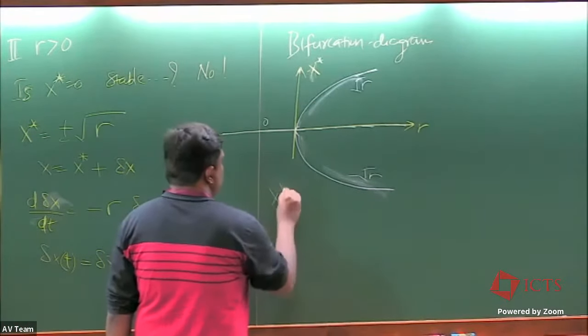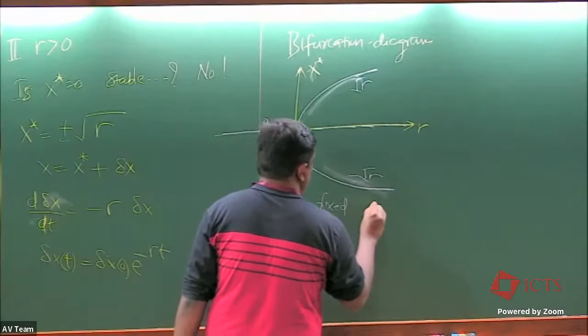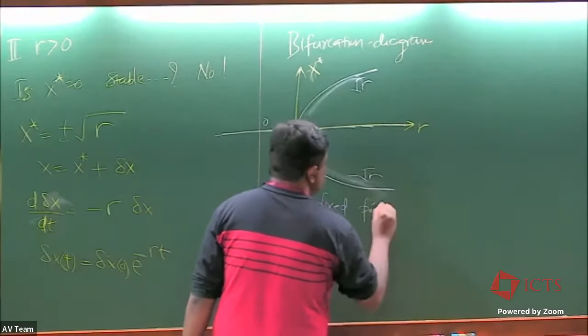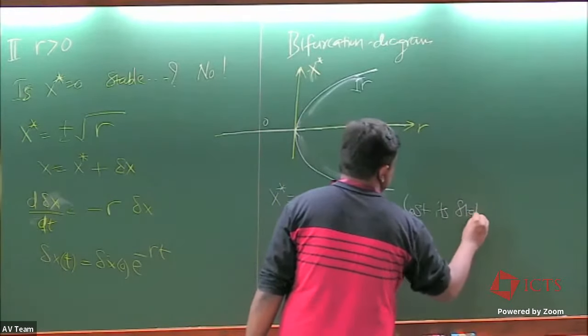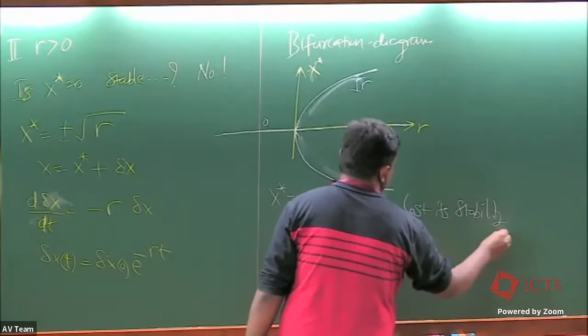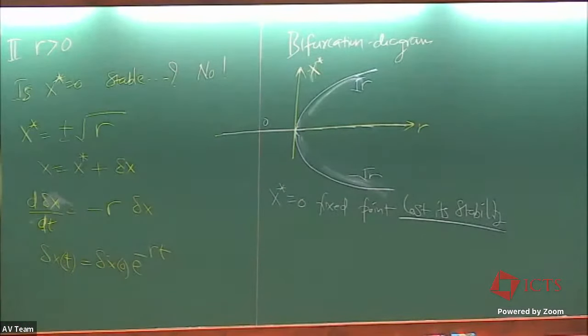The x star equal to 0 fixed point lost its stability, and what you got was two other non-zero fixed points, plus or minus root r. In a sense, that's the crux of pattern formation.